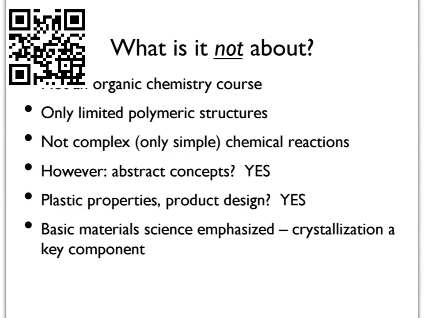Relatively simple chemical reactions. We do have some abstract concepts, entropy being one of them. Again, you guys aren't used to thinking about entropy and what it means and how it is important in the context of these particular materials. Plastic properties and product design, and then, as I said earlier, I try to pull in things you are familiar with. So crystallization is one of those things that I spend a lot of time talking about because we're used to thinking about those types of structures, and it is important to us in terms of controlling the properties of various types of plastics.